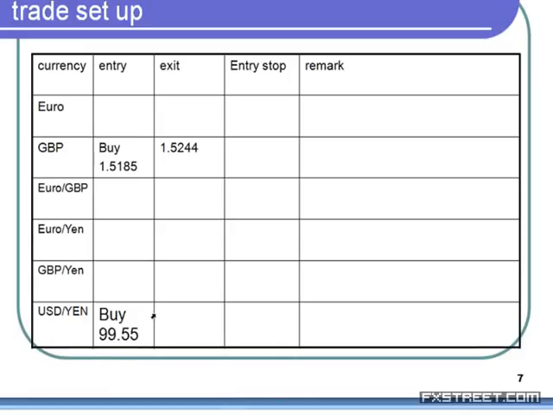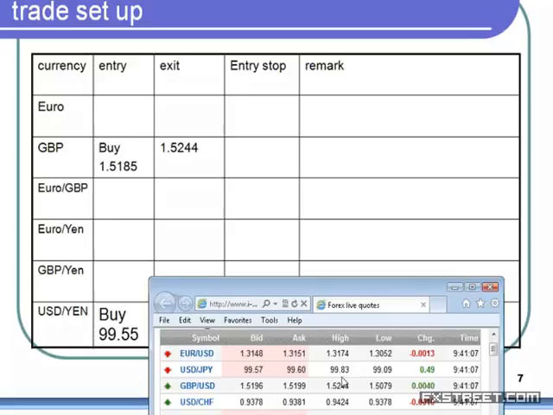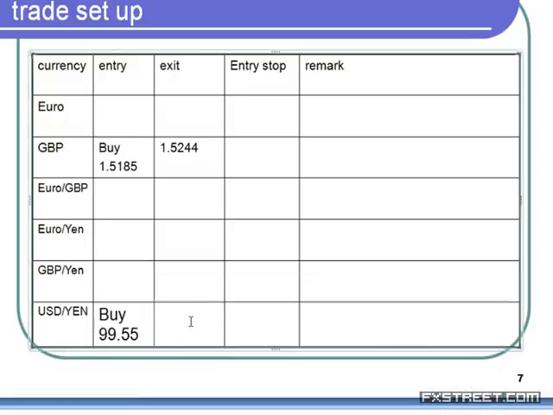I'll keep the buy limit, and the exit will be 99.83 to start with. And if the going is good, we can continue to raise it.